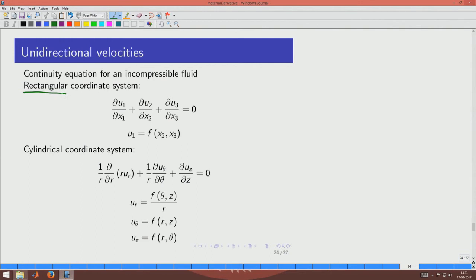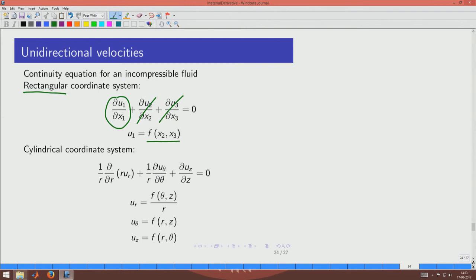If we want to look at the unidirectional velocity, and let us say we want to keep only u1 and we do not have these two, then any function which makes the derivative with respect to x1 0 is a valid velocity field in this particular situation. Which means that any function of x2 and x3 will satisfy the continuity equation in 1D.